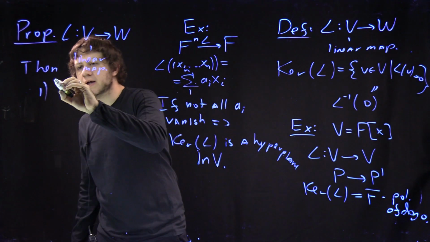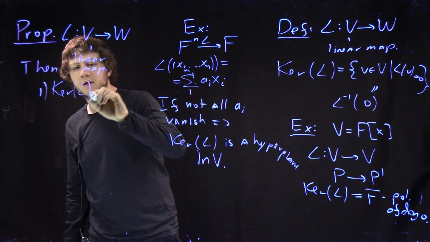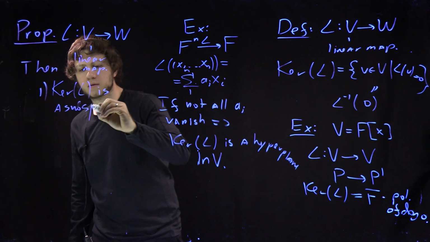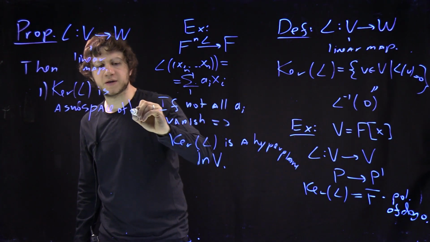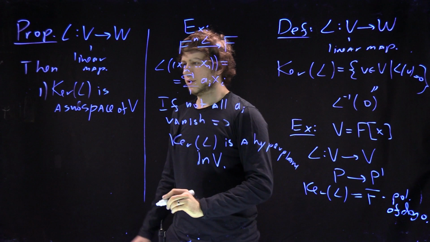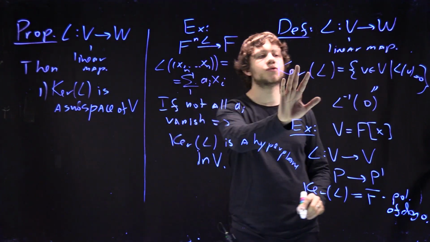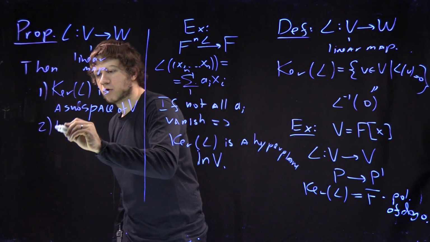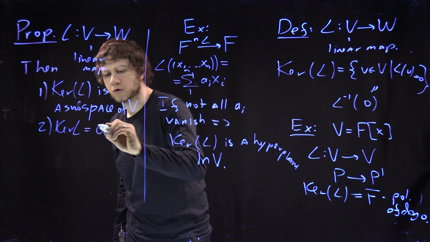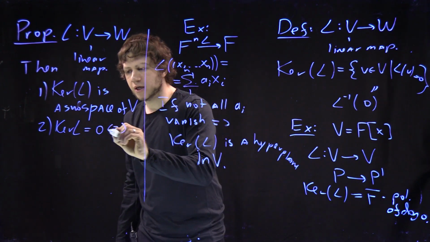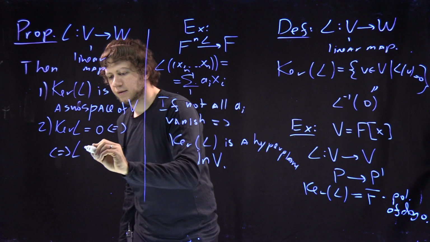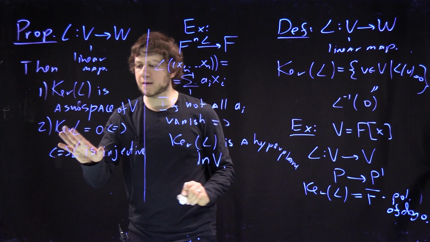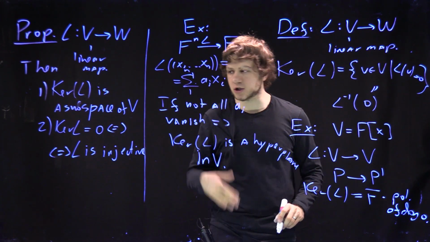Firstly, the kernel of L is a subspace of V. So kernel is also a subspace, and this is the reason why we actually look at it. And second, the kernel of L equals the 0 subspace if and only if L is injective.